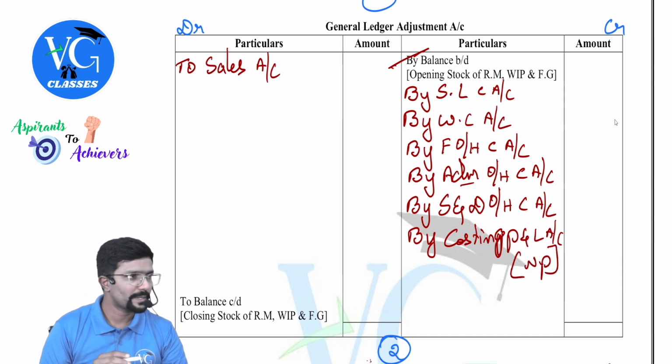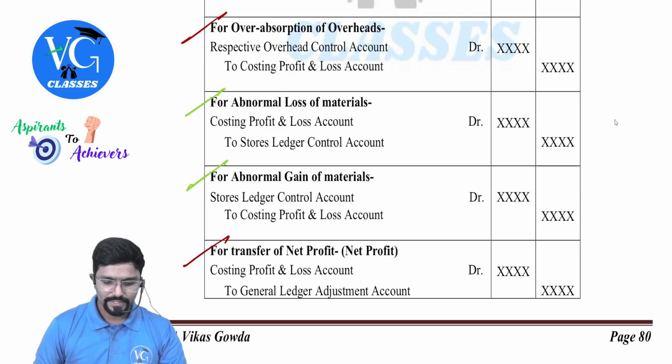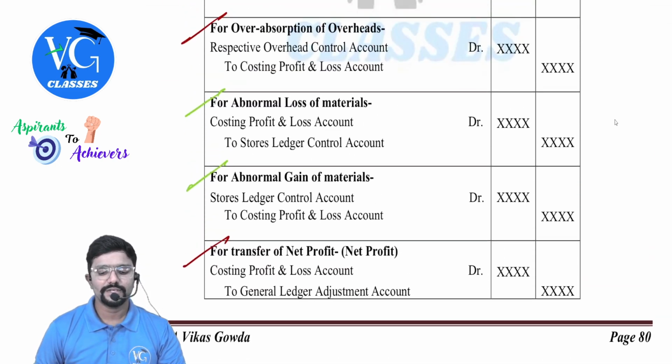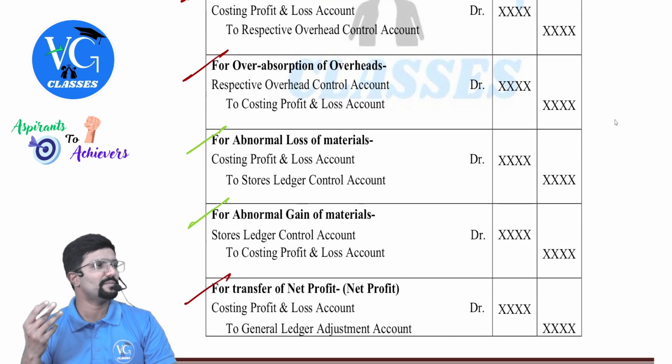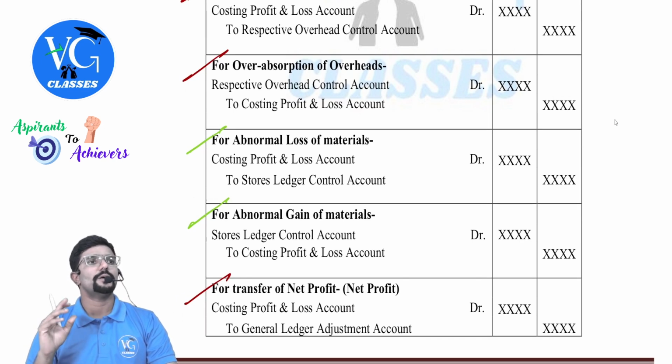Net profit we have passed. If it is a net loss, it will be the opposite entry.